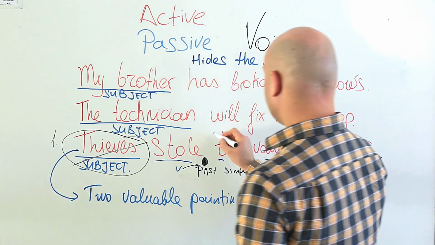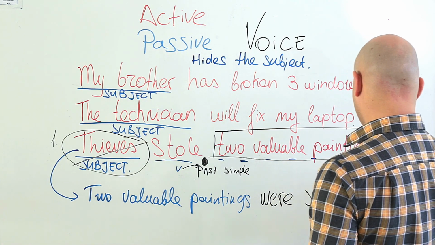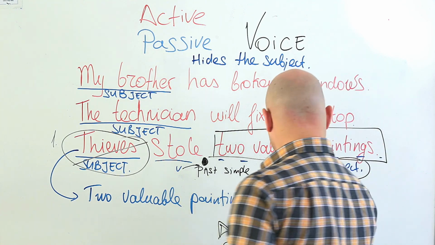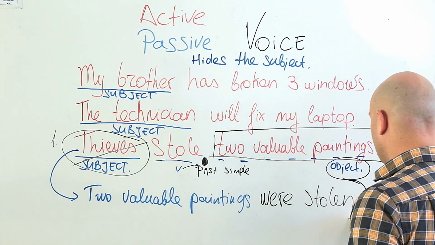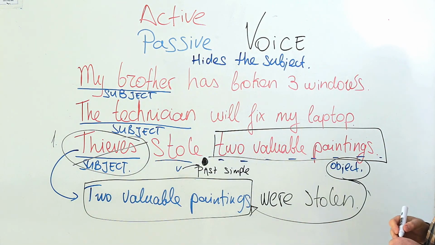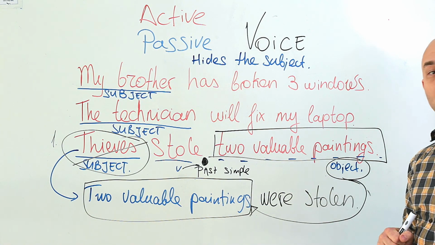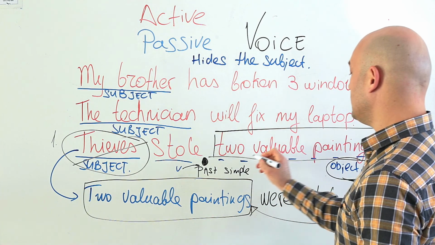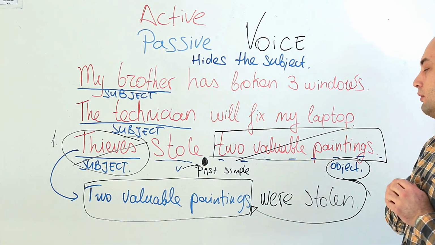So I find the object, and my second step, number 2, is to place the object in the very beginning of the sentence. So that done, I can cross the object away, and now I've got this "stole" thing.